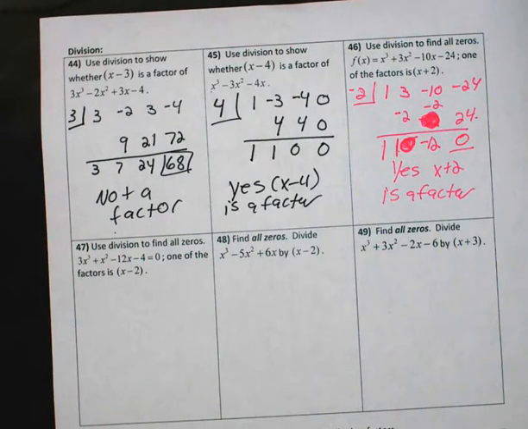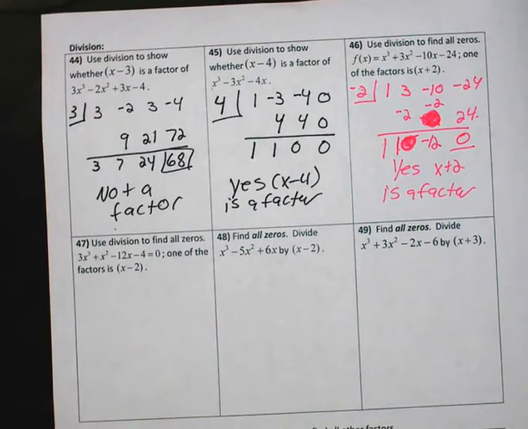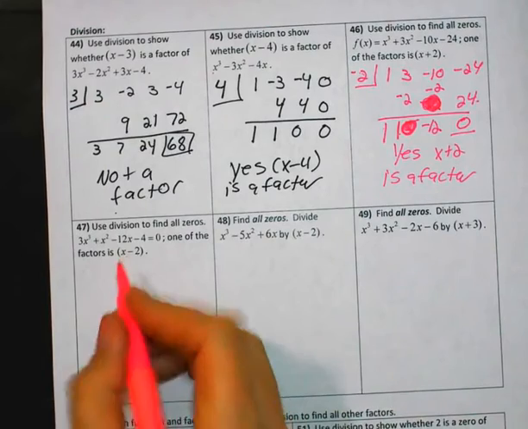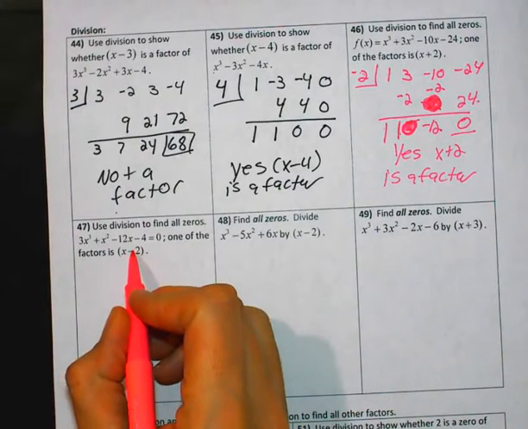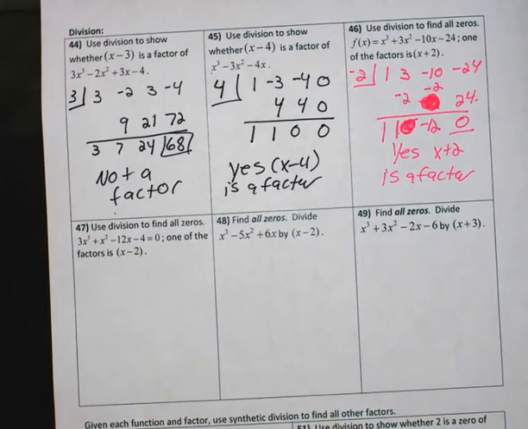Okay, using division to find all the zeros of 3x cubed plus x squared minus 12x minus 4, one of the factors is x minus 2. Okay, so the first thing you want to do, since they gave us one of the factors, is to go ahead and use synthetic division to find the other factors.